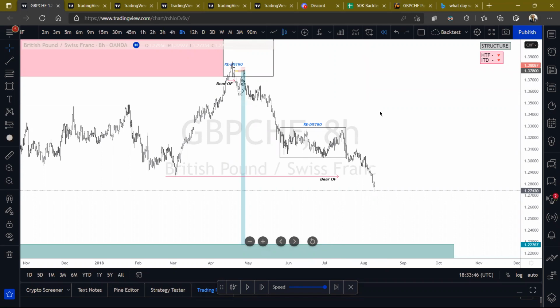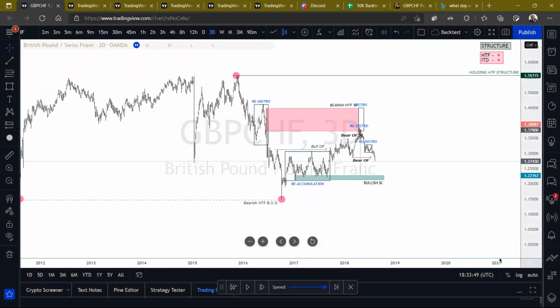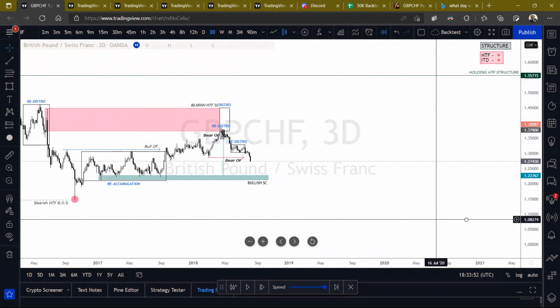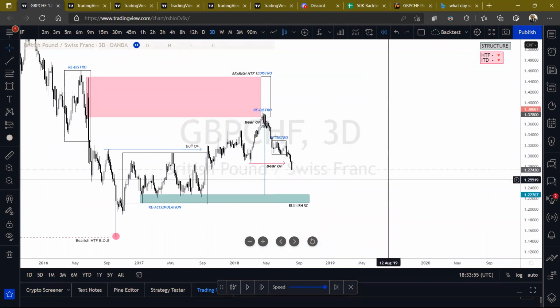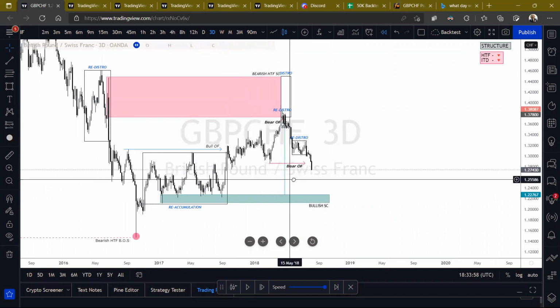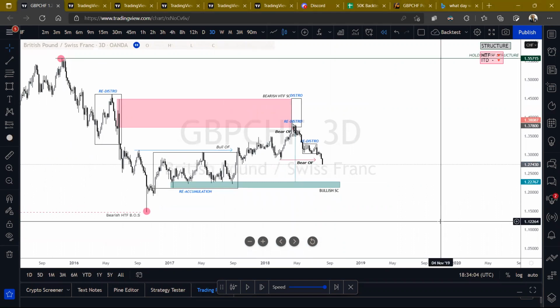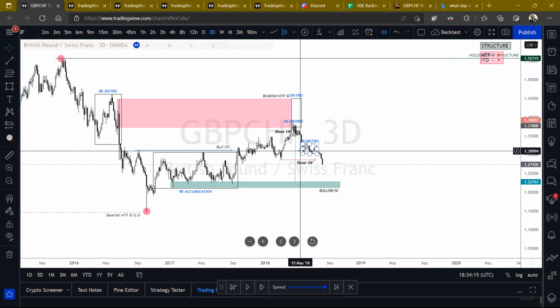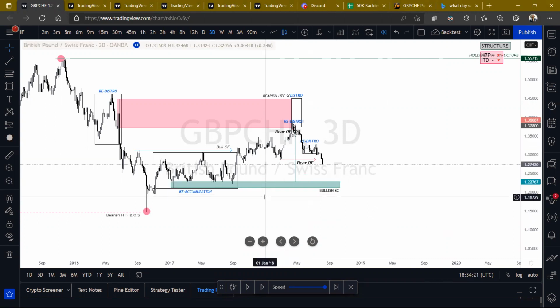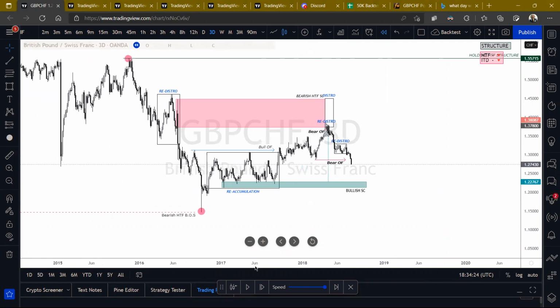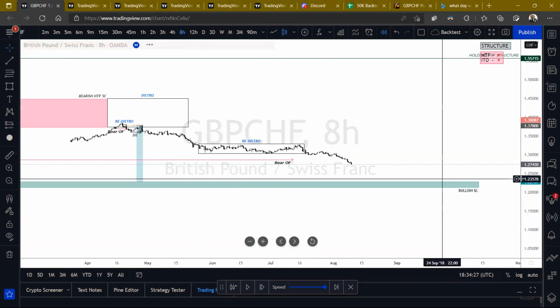Cool. Now let's see if we need to change up our structure points, if we need to refresh anything. No, for me everything stays the same. I don't see anything that needs changing just yet.